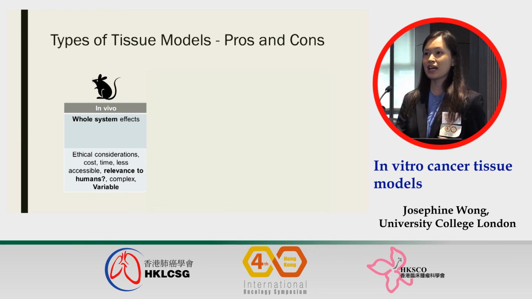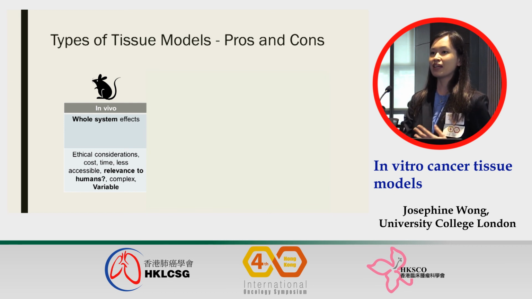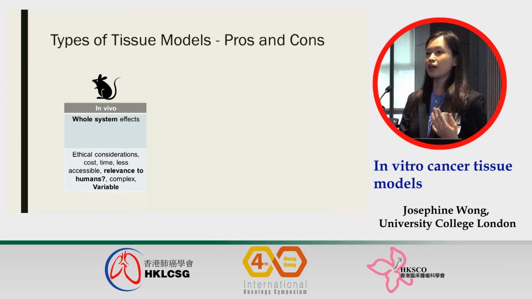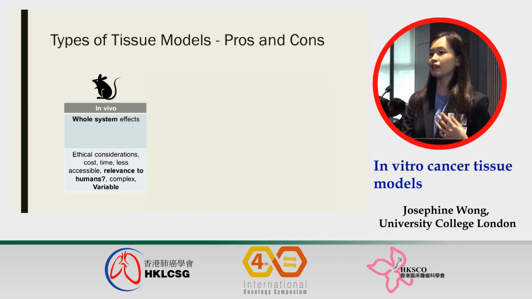So there are various types of tissue models, as we've seen already in the symposium, but just briefly, one of the models that is commonly used is the in vivo model. This, for example, will include the PDX models for cancer research. They mostly are used to study whole system effects and the environment that is outside the immediate tumor tissue.